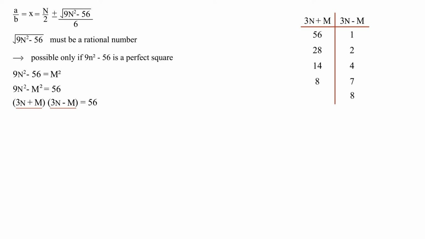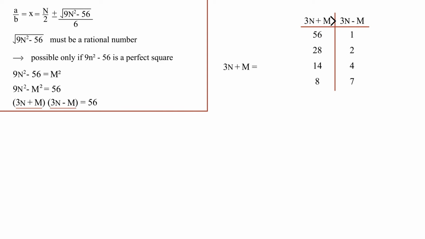Now I can't put 7 and 8 here because 3n plus m has to be greater than 3n minus m. So this is not going to be needed. We just have to work with these 4. Let's see what solutions we get.